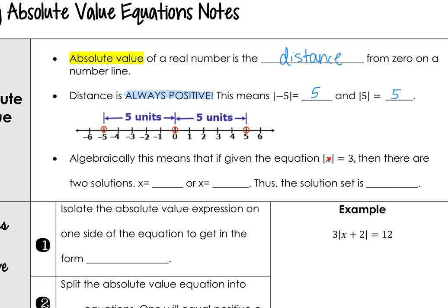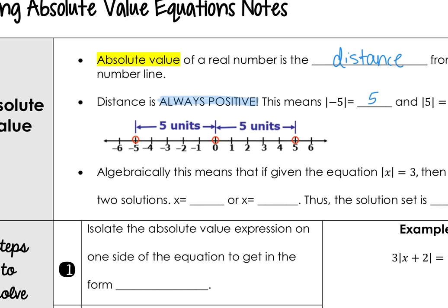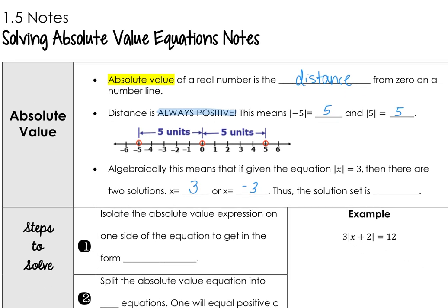The two values that are 3 units away from 0 on the number line are obviously the +3, but what else? -3. So 3 and -3 could both be plugged into this equation and it would be true, because the absolute value of 3 is 3, and if I plug in -3, the absolute value of -3 is also 3.